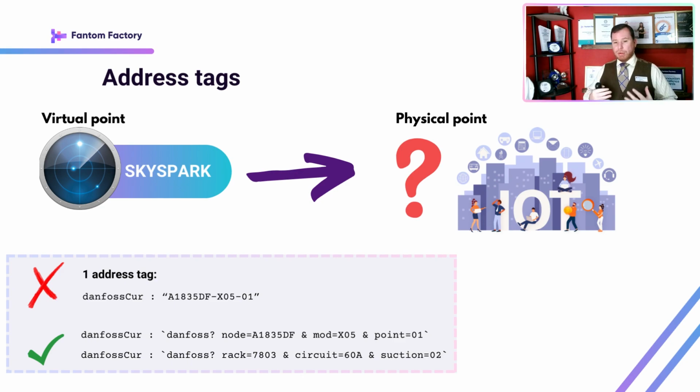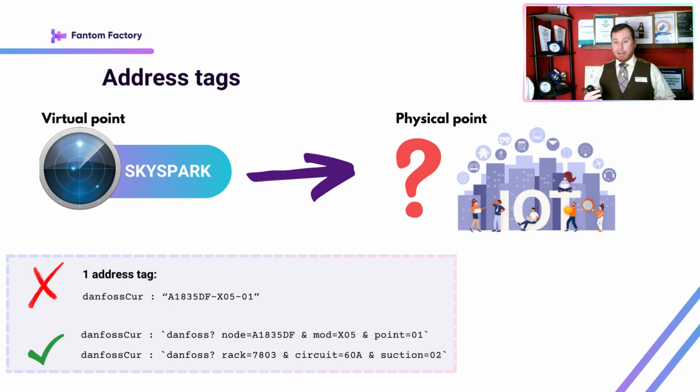Let's instead use a data type with some readability built in. So let's use, say, a URI, because a URI lets us have name value pairs in the query parameter. And that means we can represent our address in the query parameter, so we can easily identify, in the case of Danfoss, what the node and the mod and the point values are, or maybe the rack, the circuit, and the suction values are.